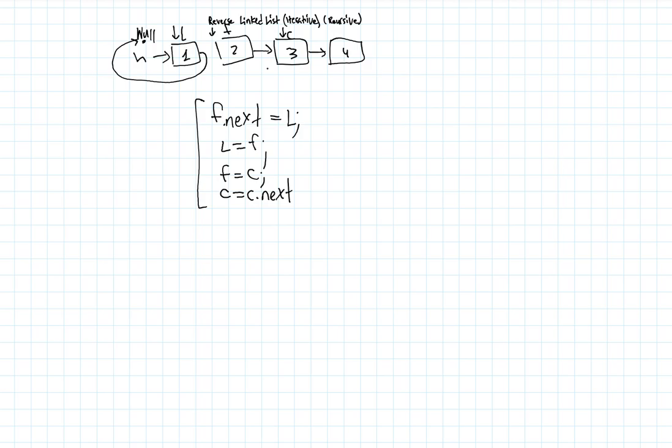Now we shifted it here. Now let's try to run the code again. We say F.next is equal to L. This is our F.next will be equal to L. It looks like it's working. So now L becomes F, and C becomes C.next.